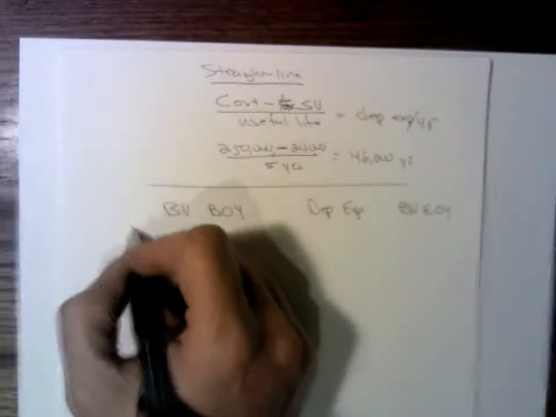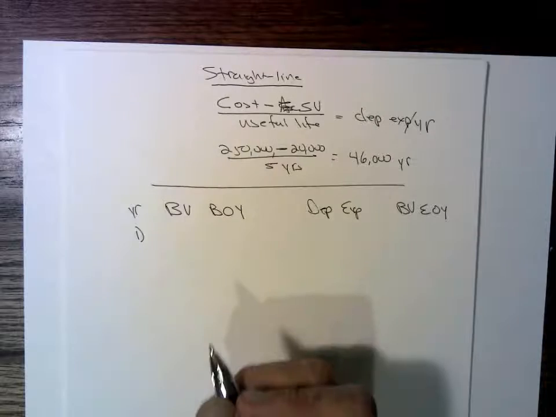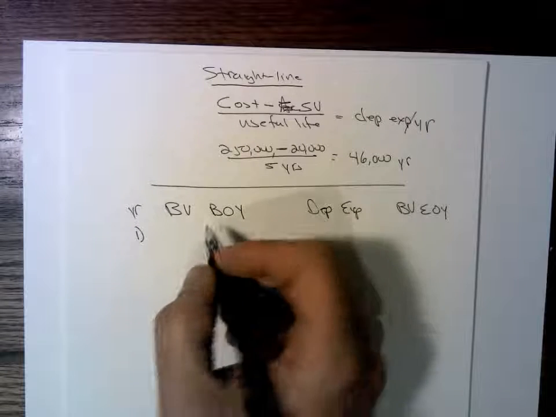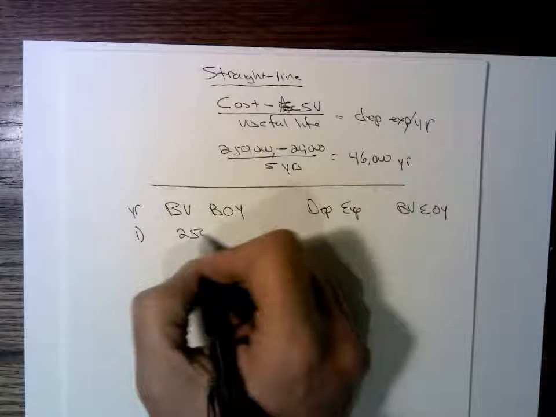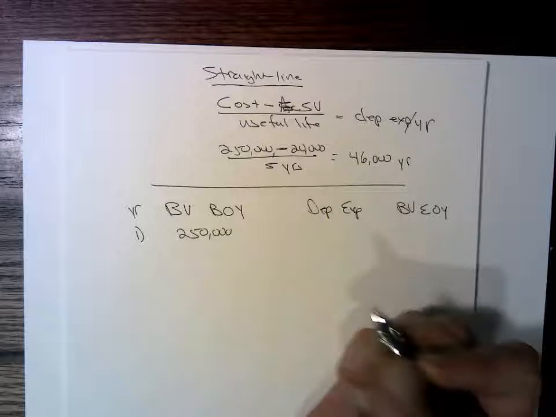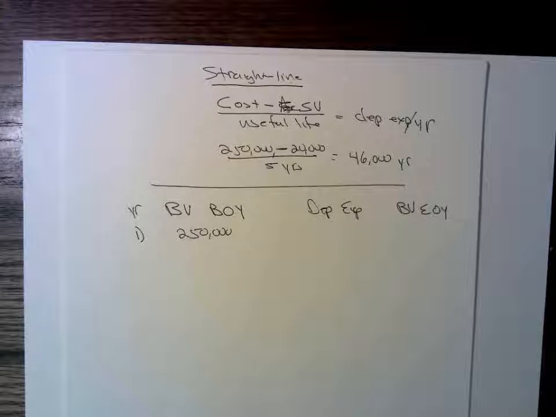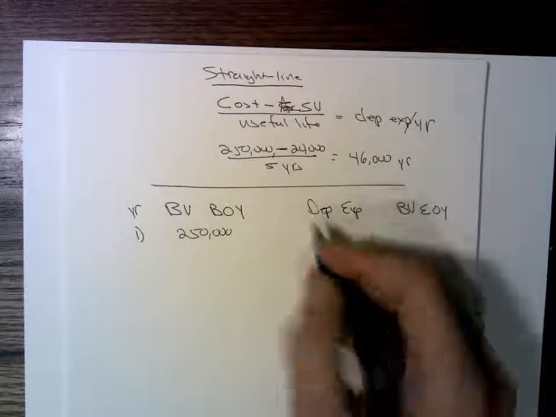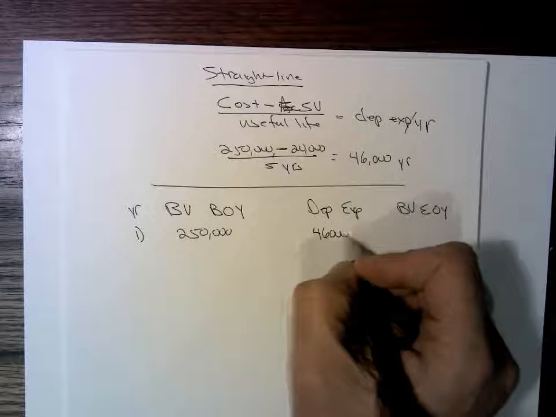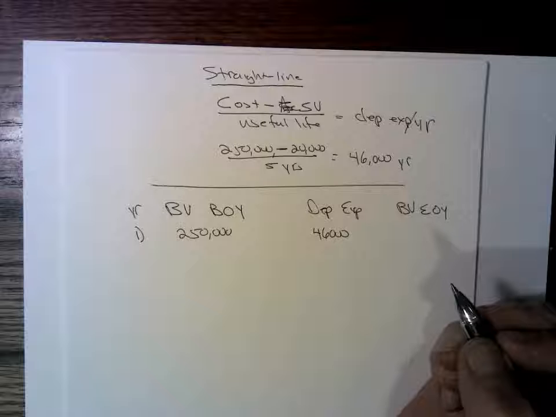So year one, right? Year one, my book value at the beginning of the year, we just bought this thing, so it's what? $250,000, right? We know we're going to depreciate it by $46,000 this year, right?